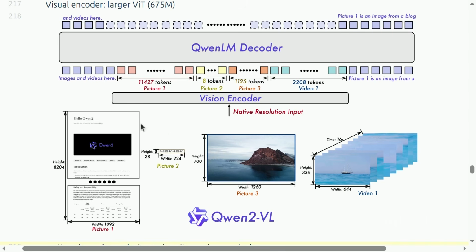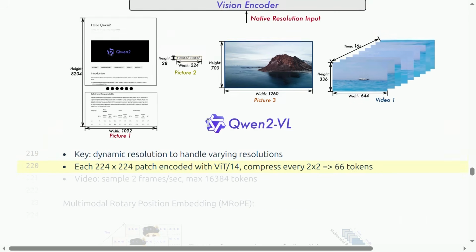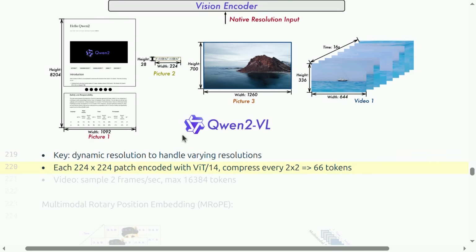So let's say you have this picture here, that might be mapped to 11,000 tokens. This tiny picture of an equation might be only mapped to 8 tokens, and so on and so forth. So how do they do this? Well, it's basically the same idea as the AnyRes idea from LLaVA, where each 224 by 224 patch is encoded with a ViT.